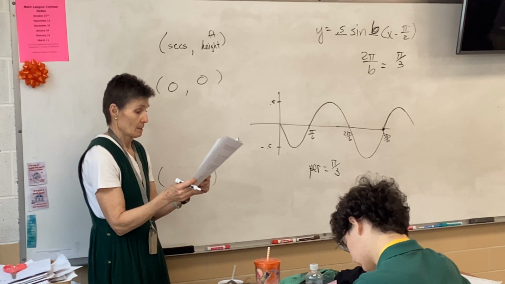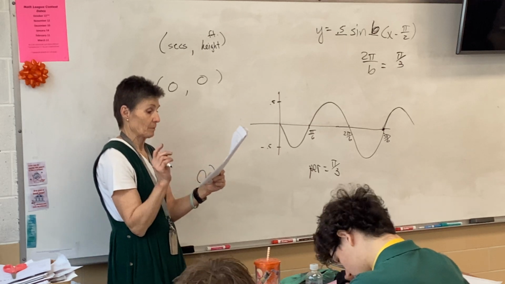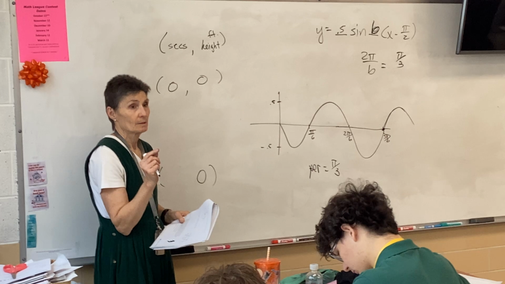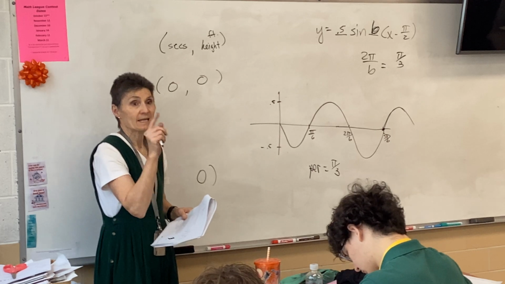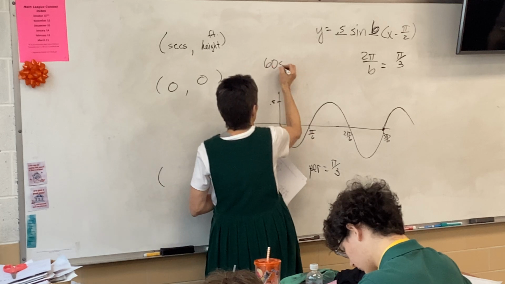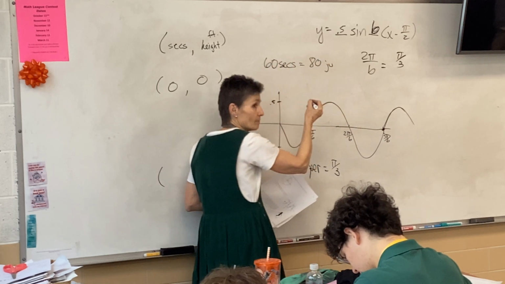In 1 minute, Jesse completes 80 jumps. So in 60 seconds, she does 80 jumps. Would you agree with that? Yeah.